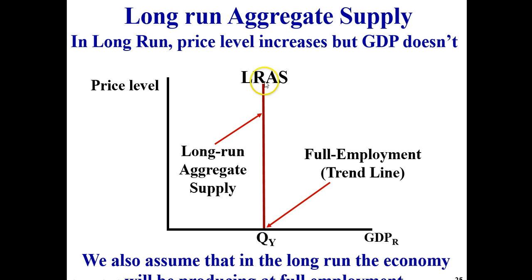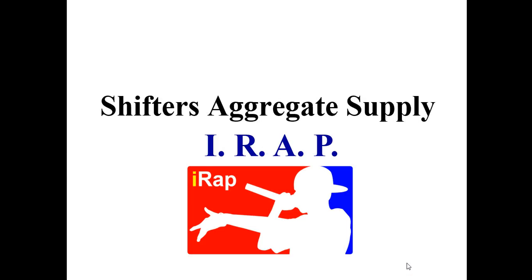It means that if we're utilizing all of our resources effectively, this is full employment production. So we also assume that in the long run, the economy is efficient and will be producing at full employment. That's another assumption of the long run aggregate supply.